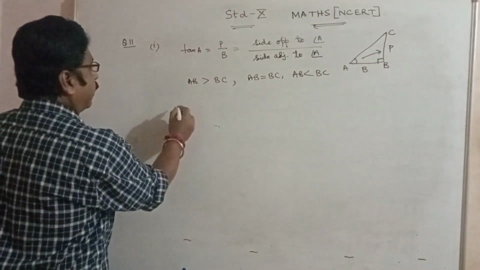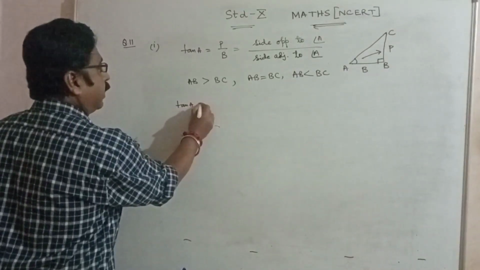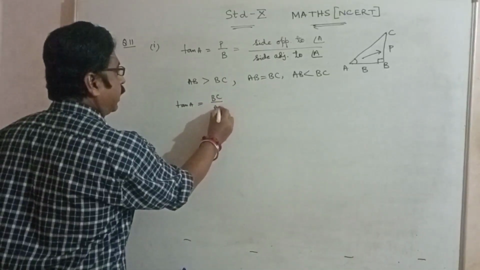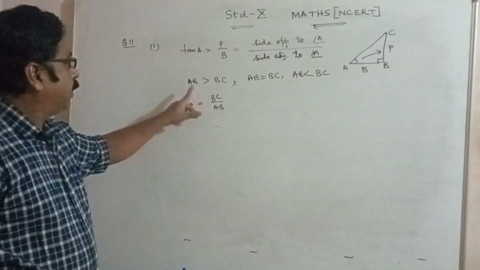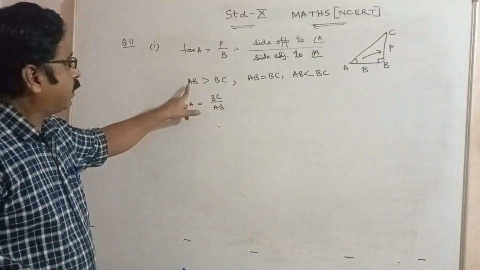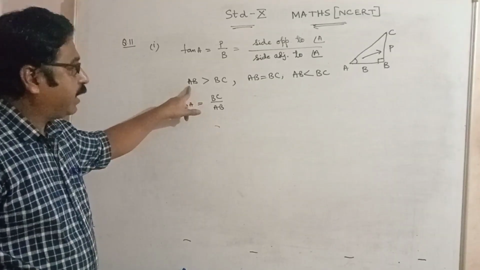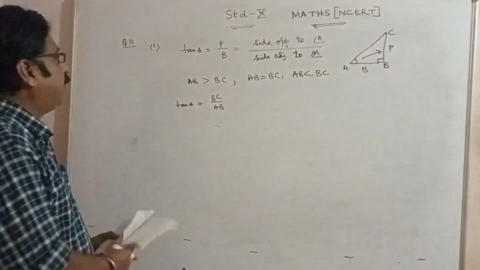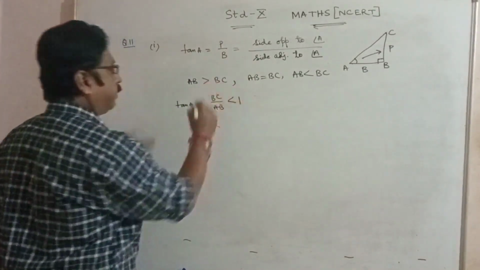For this case, tan A is equal to BC upon AB. BC is the numerator, AB is the denominator. So AB is denominator, it is greater, and BC is numerator, it is smaller. So it will be less than 1.